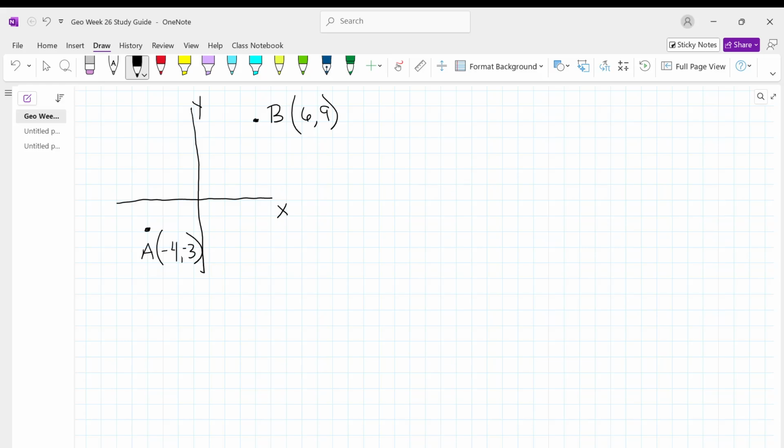So what's the first step, whether we're finding distance or midpoint? Label. So A has an x sub 1 and a y sub 1. B has an x sub 2 and a y sub 2.